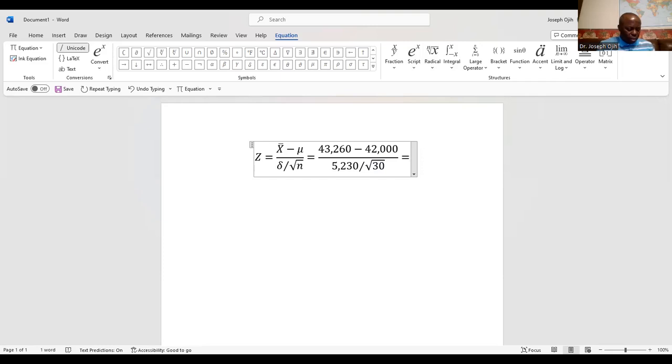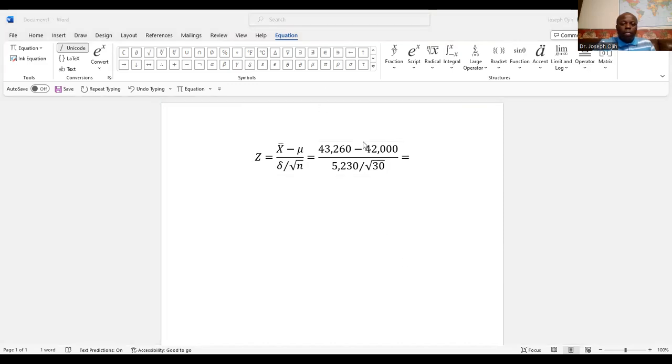We got Z equals 43,260 minus 42,000 divided by the standard deviation of 5,230 over the square root of 30. So let's put this in the calculator, and then we can get the results.